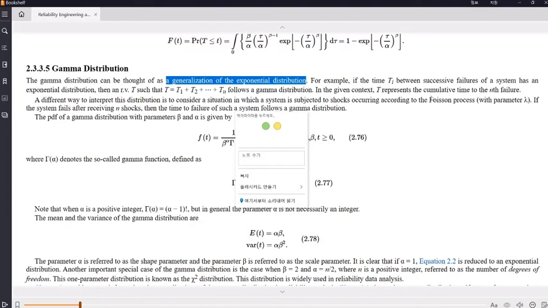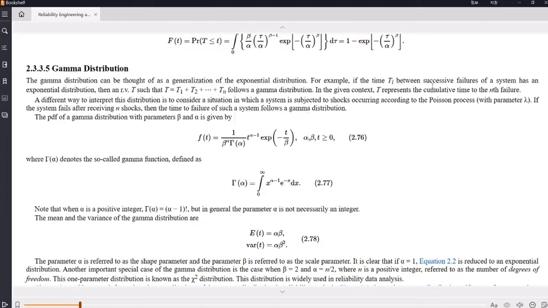So as an example, if Ti, the time between successive failures of an event, has an exponential distribution, so if all the T's have exponential distribution with the same lambda, then the capital T, the T of interest in gamma distribution, is the sum of all the random variables Ti's.